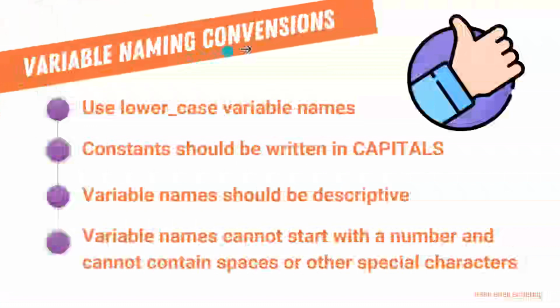At the end of this video, let's talk about variable naming conventions. All environment variables or shell variables introduced by the operating system, shell startup scripts, or the shell itself are usually in capitals.